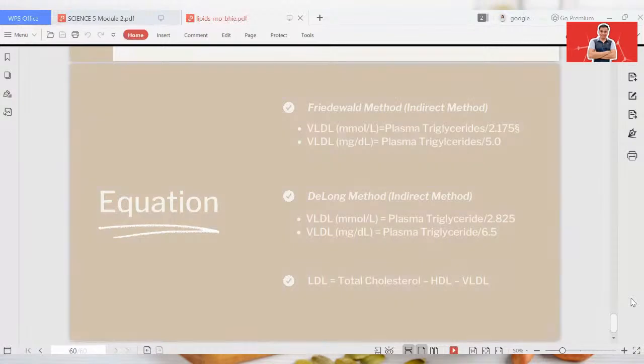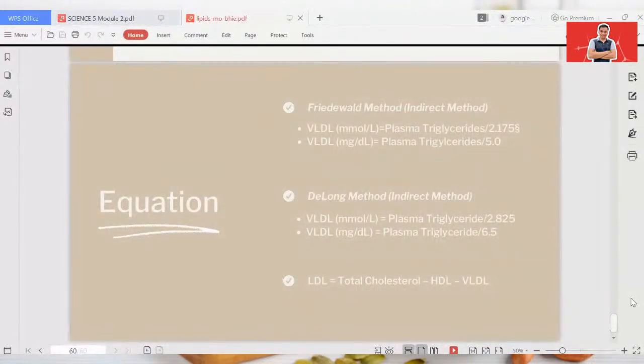So may ipa-solve ako guys. Yung Friedewald method is not valid for triglycerides over 400 mg/dL. So, again, yung Friedewald, hindi siya ginagamit if yung triglyceride level mo is over 400 mg/dL. So, if maglapas siya, ang gamitin mo is DeLong's method. So, yun lang.